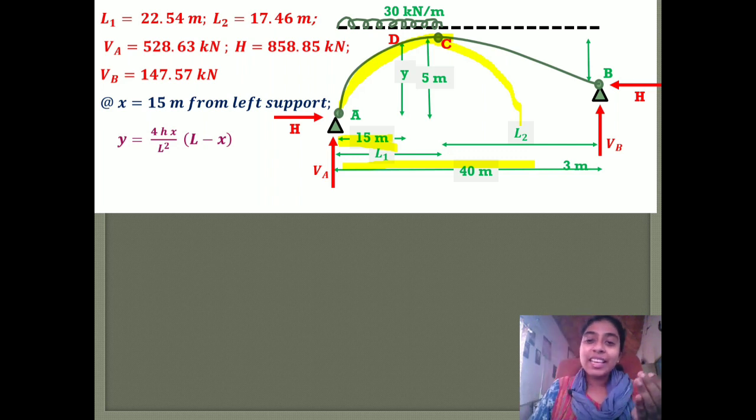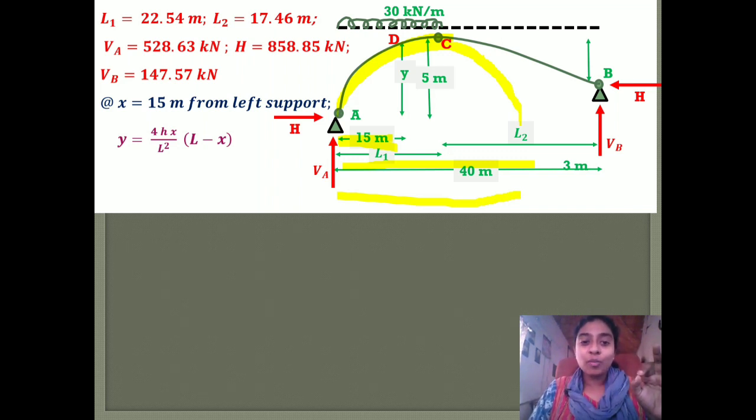So if the hinge is at the center, when we extend this part AC of the parabola, we will get the parabola up to here. In order to extend this and to bring the half of the parabola supported at the same level, this length L will be equal to 2L1.